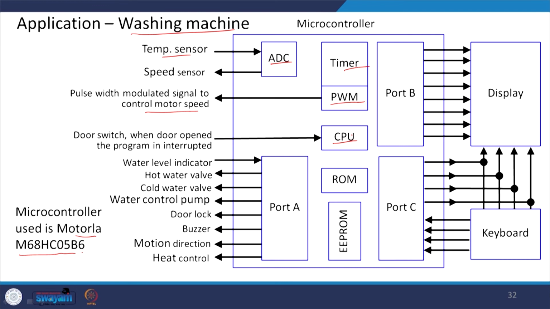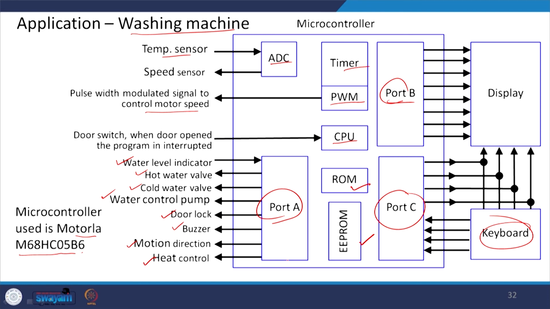You have the CPU, the memory ROM and EEPROM, and port A, port B and port C. Port B is for the display, port C is for the input, that is the keyboard, and in port A we can have connections for heat control, motion direction, buzzer, door lock, water control pump, cold water valve, hot water valve, as well as the water level indicator.